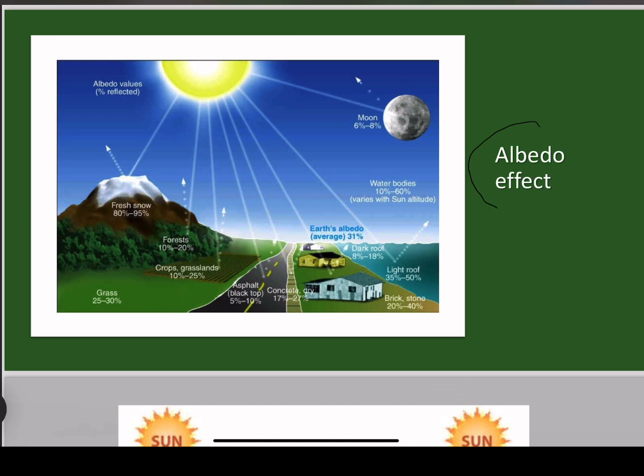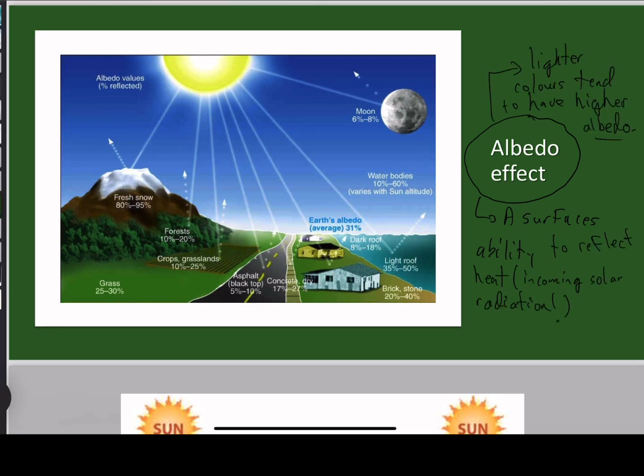Now, one of the important heat reservoirs is the albedo effect. And that refers to a surface's ability to reflect heat or incoming solar radiation. Lighter colors tend to have higher albedo values, so they're able to reflect incoming solar radiation much better.